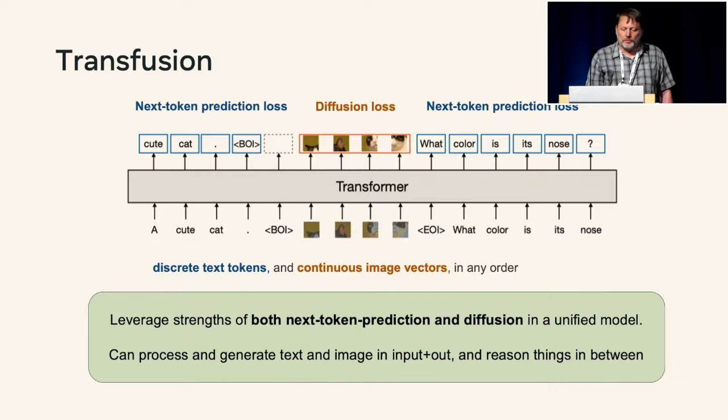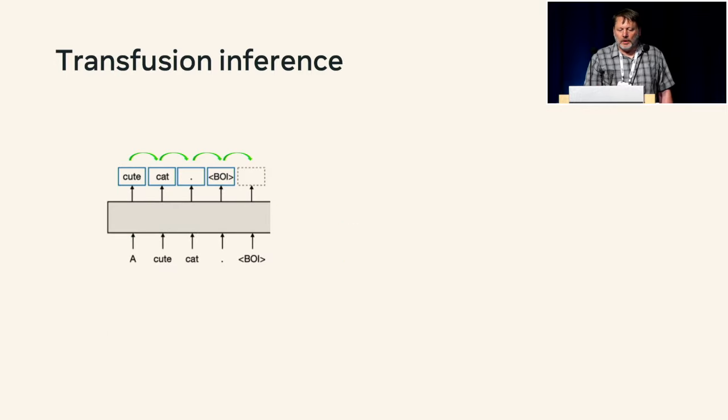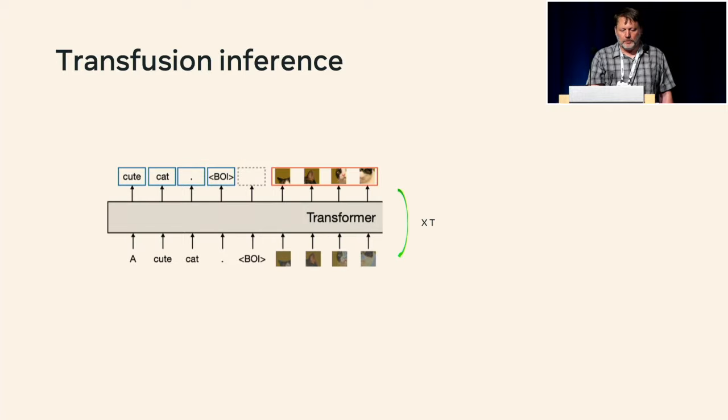Once you have such a model, how do you actually use it? You basically end up with a mode-switching model. So it has two different modes that it can generate in. It can either generate token by token, this text mode, or when it hits a beginning-of-image token, it fundamentally switches mode. You lay out all the initial noise embeddings for the image patches like you do in diffusion, and then you iterate n times through your diffusion process.